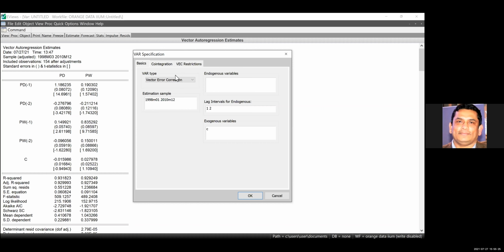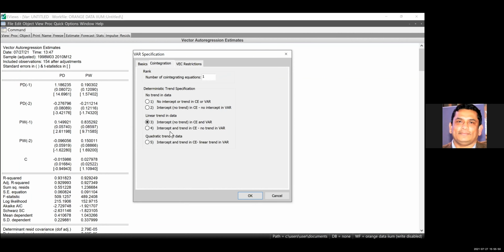So we can't use the unrestricted VAR, but we must use the restricted VAR. That's the vector error correction. So this is the vector error correction, meaning this is also a VAR but restricted. Restriction in the sense that there is one cointegration relationship. So here, for example, we use 12 lags. We don't use any exogenous variables here. And then we use this model, right?